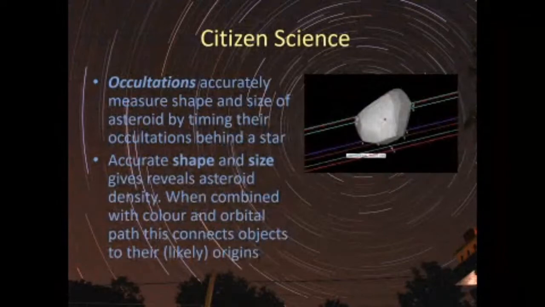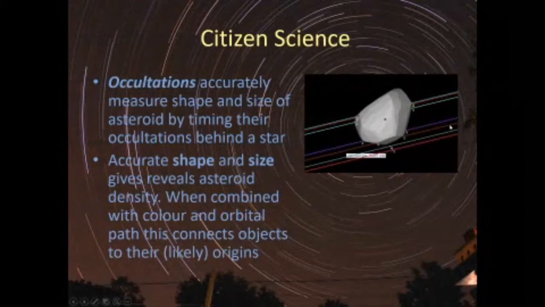Essentially, an occultation helps us to accurately measure the shape and size of an astronomical object, usually an asteroid. We're working with observers on the ground, and each one of those observers is represented by a little line here and a number.